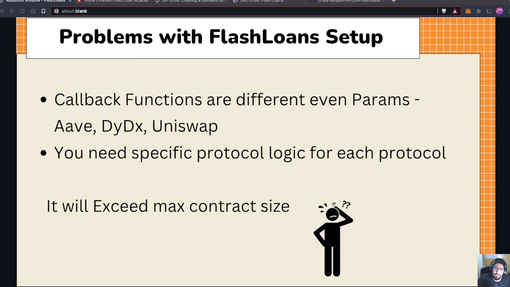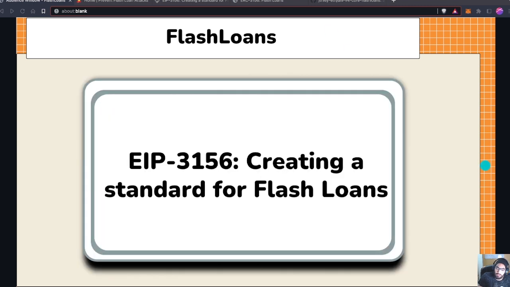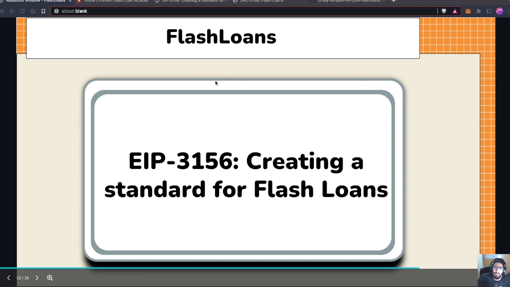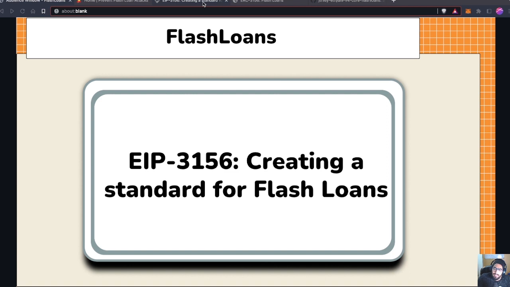So what was the solution to this? There was an introduction of ERC 3156. Now, what is ERC 3156? We will go through that. It took me a while to understand what this is. It's basically a standard for Flashloan itself, right?